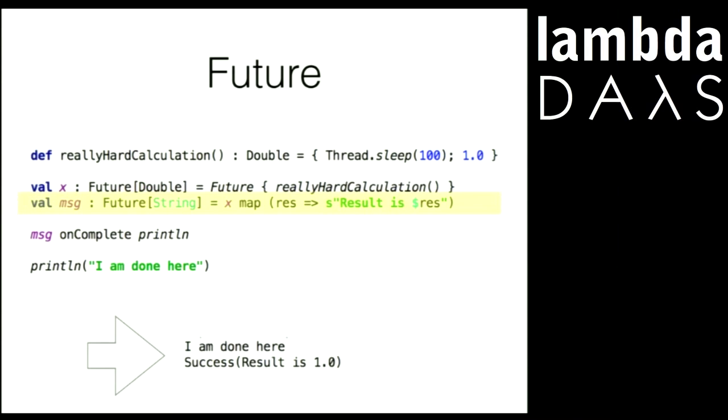What the map function does is convert the future of double to future of string using that res => result expression. So that will give us a future of string. Now we can register a callback and print it out. This code is going to print out "I'm done here" first, obviously, because that will happen much earlier than the future finishes. And then it will print out success of that string.